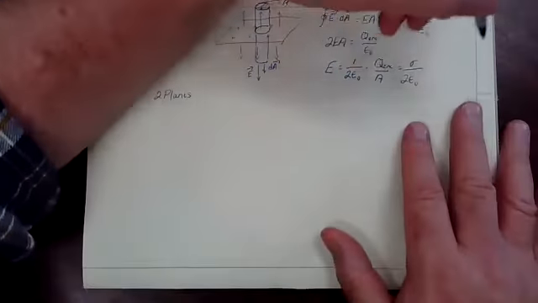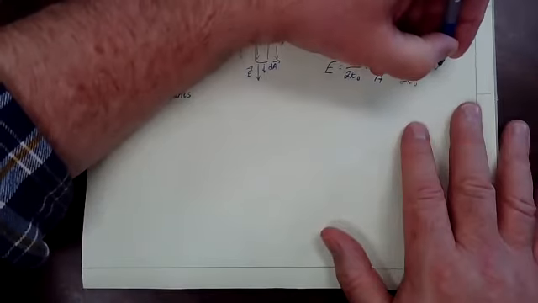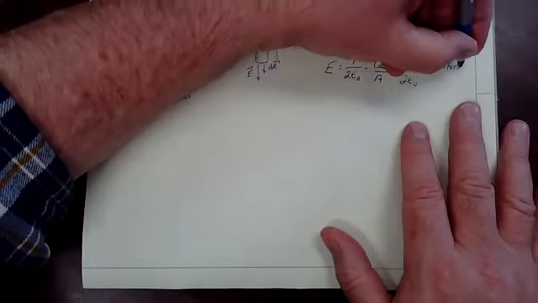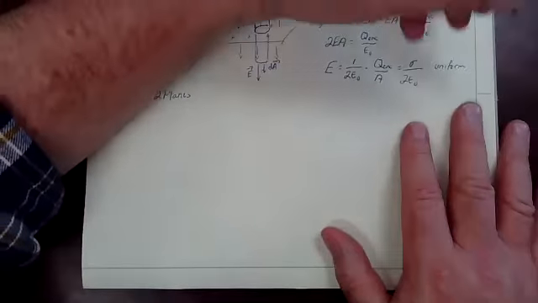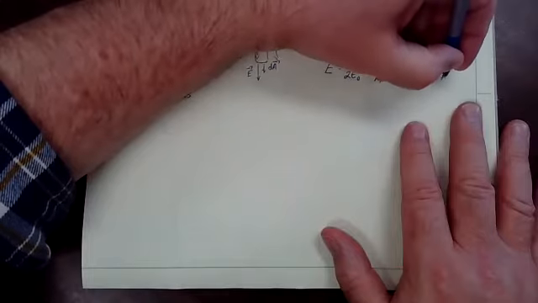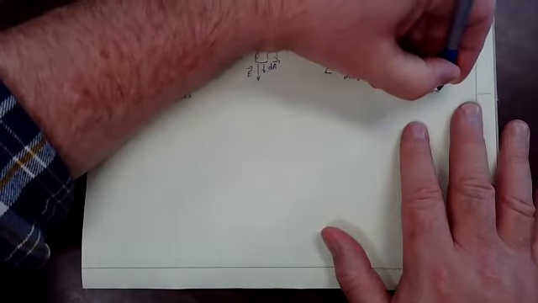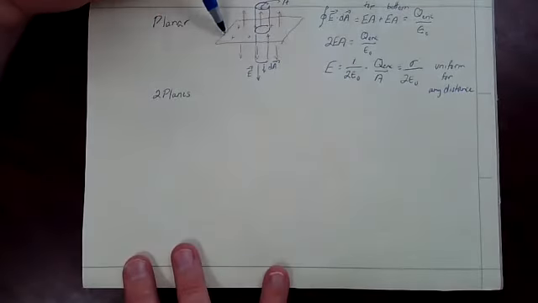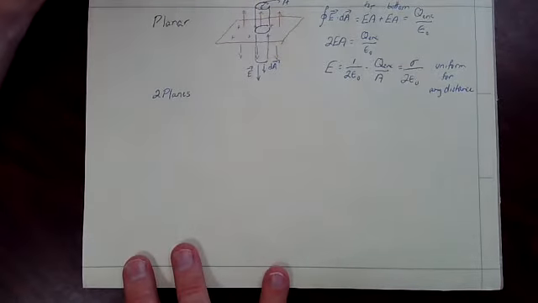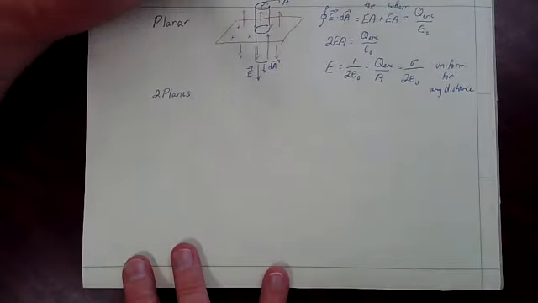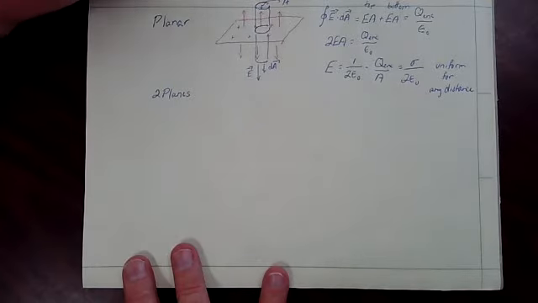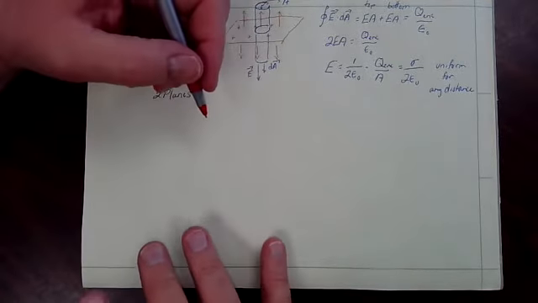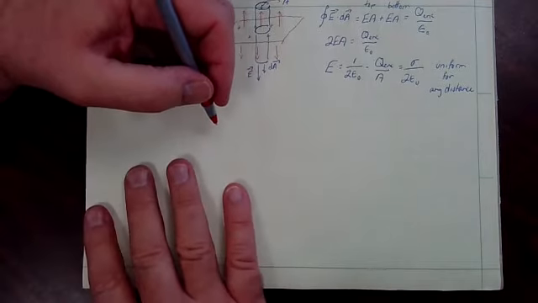It doesn't depend on distance. Now again, it is a bit impractical to say that these go off indefinitely, but let's take a look at this example with two planes, and then you can see where this is a good approximation to real life.